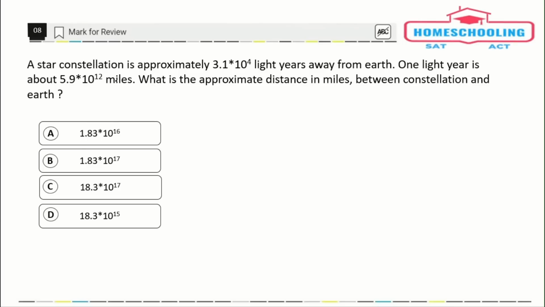The question says that a star constellation is approximately 3.1 into 10 to the power 4 light years away from Earth. Okay, 1 light year is, so the distance between star and Earth is how much? 3.1 into 10 to the power 4 light years.